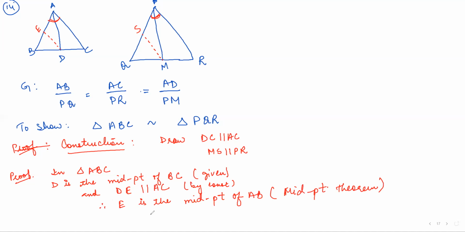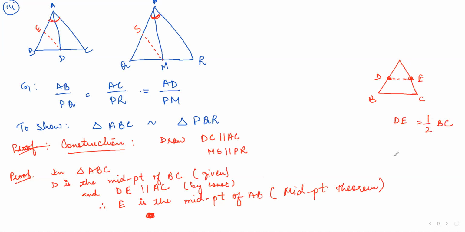Now E is the midpoint of AB. And also there's a theorem, Sarah. Now I have got that E is the midpoint of AB, right? Yeah. Now there is again a theorem, Sarah. If these two are midpoints, and this line is joining them, for example, DE, and this is BC, then the length of DE is actually half of BC.